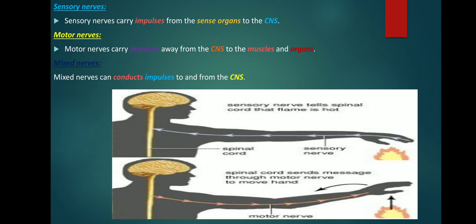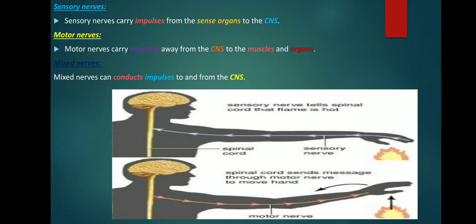In the peripheral nervous system, a motor nerve carries information from the central nervous system to the peripheral nervous system, and both types of nerve are called peripheral nerves. A motor nerve sends motor signals from the central nervous system, usually the spinal cord, to the muscles of the body.